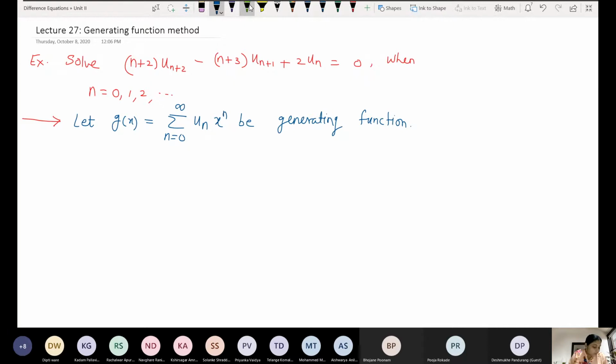This is difference equation. We will give number 1 to this.